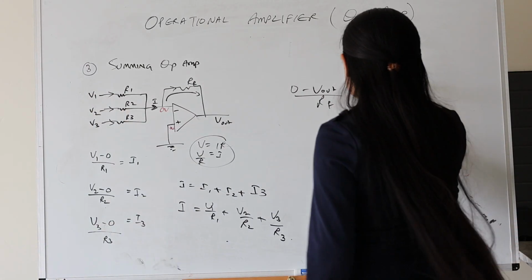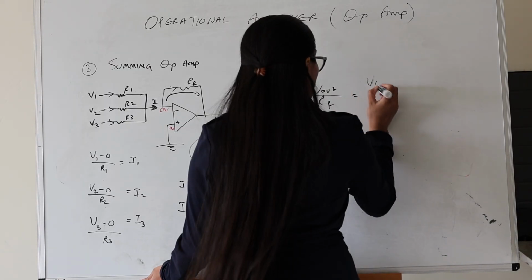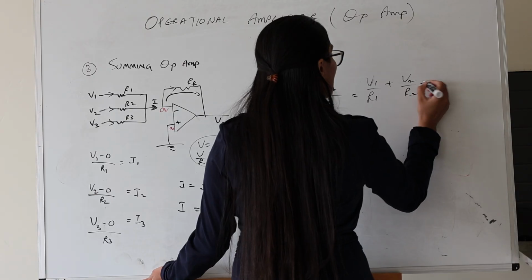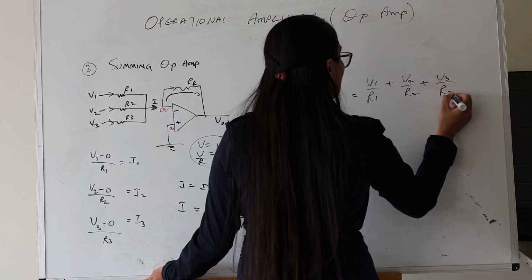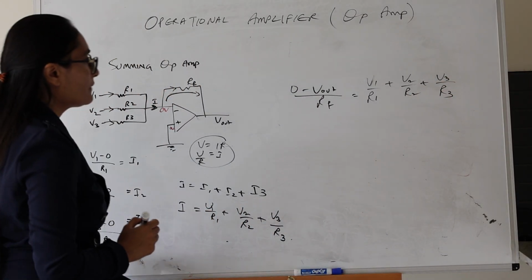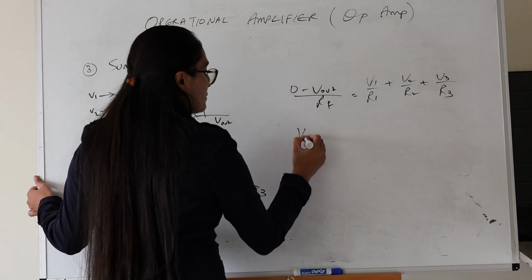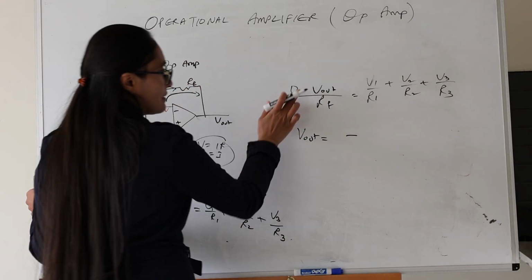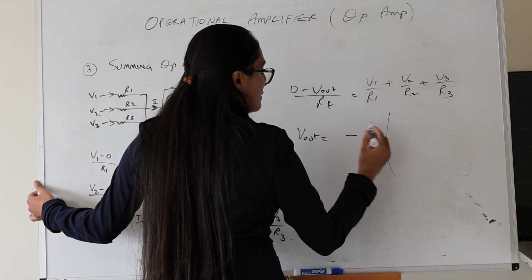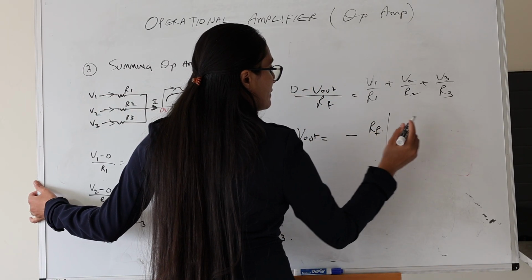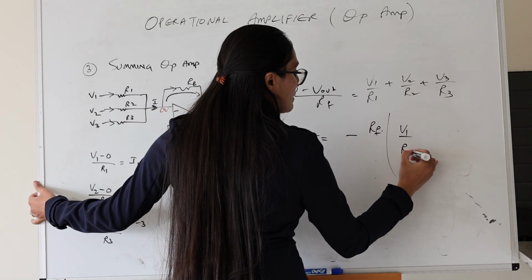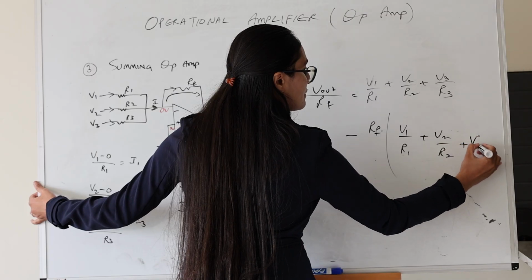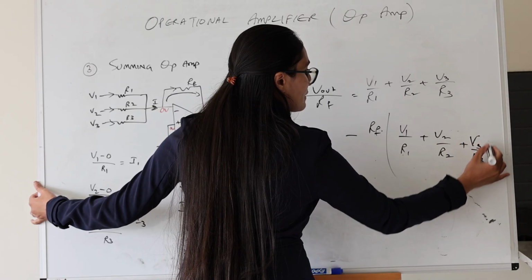So if I write it here, V1 over R1 plus V2 over R2 plus V3 over R3, then V out is equal to minus RF times V1 over R1 plus V2 over R2 plus V3 over R3.